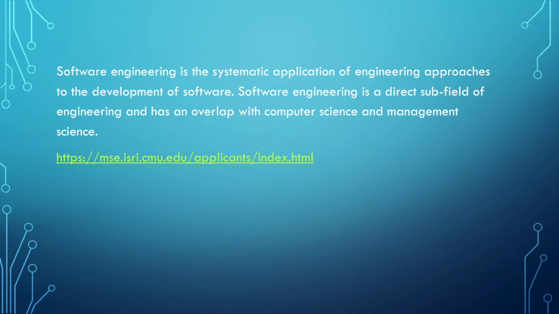Now, software engineering also is a combination of two fields. Software engineering is a direct subfield of engineering and has an overlap with computer science and management. As you can see here, it is not only computer science that you must deploy, like data structures and algorithms.